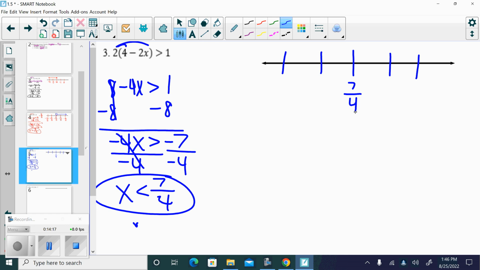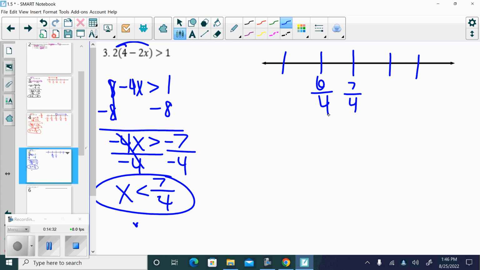Left. No. 6 over 4, okay? If I'm going to the left, I'm getting smaller. Think about a number line. You're getting smaller, okay? So that's 6 over 4. Okay, but you can reduce to 3/2 if you want.